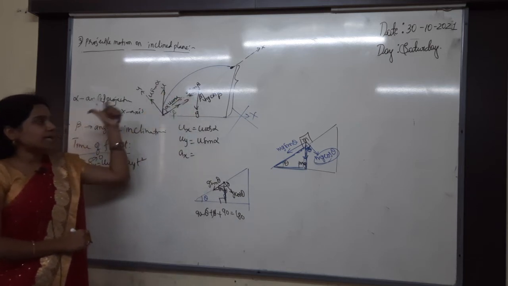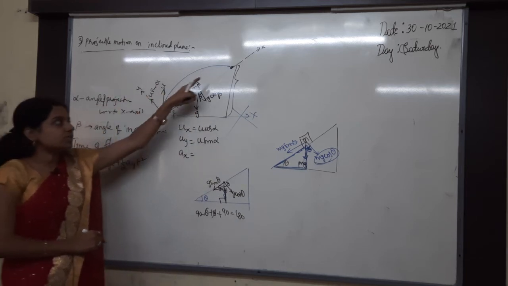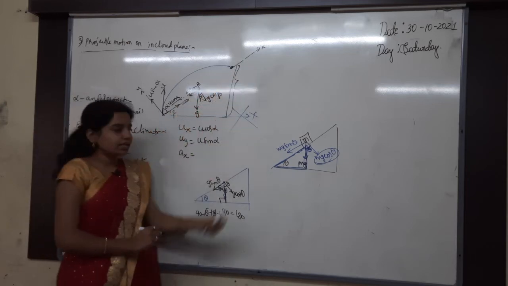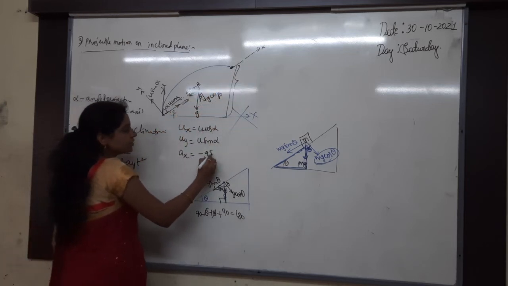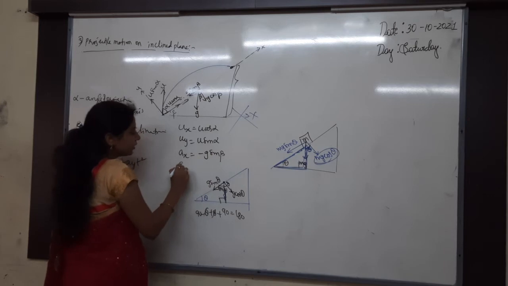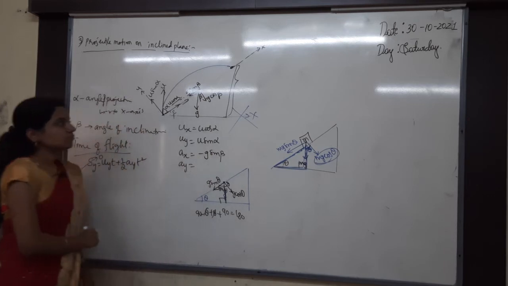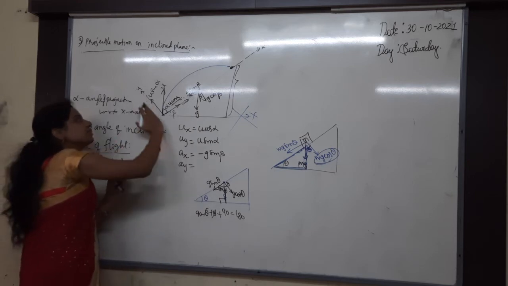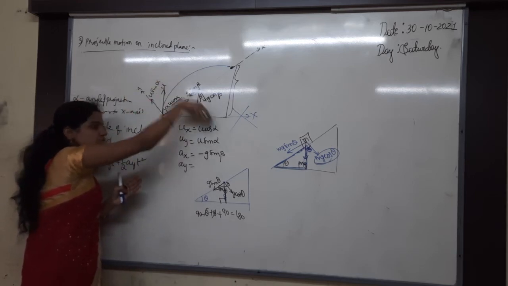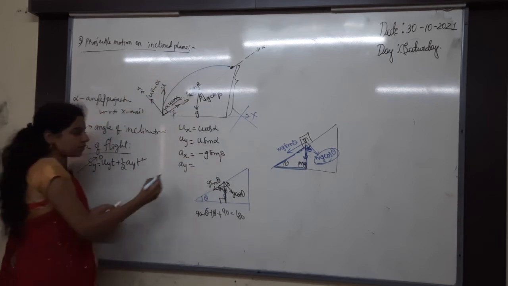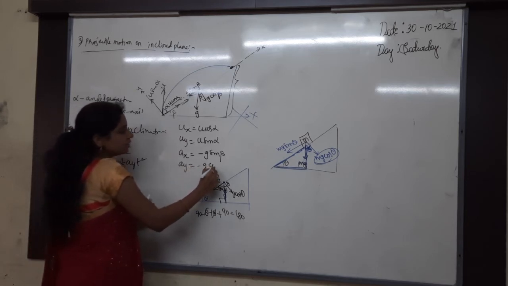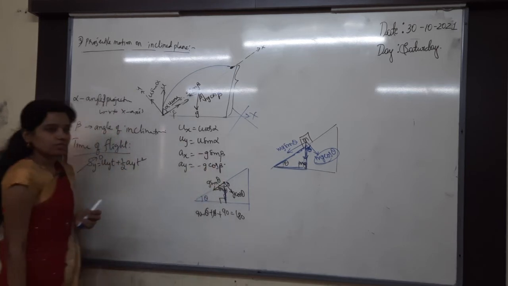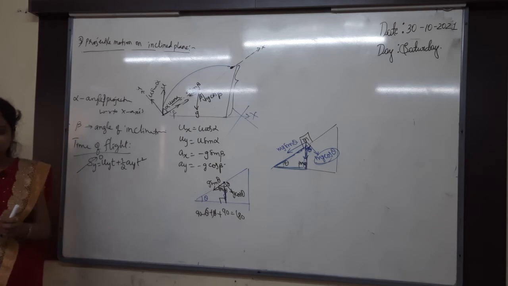But g sin beta is acting along which direction? Opposite direction to the x-axis. Correct? So what can I write? Minus g sin beta. And then ay is equal to? This is the y-axis, no? This one is the negative y-axis. So what can I write? Minus g cos beta. Those are the main components we will take.